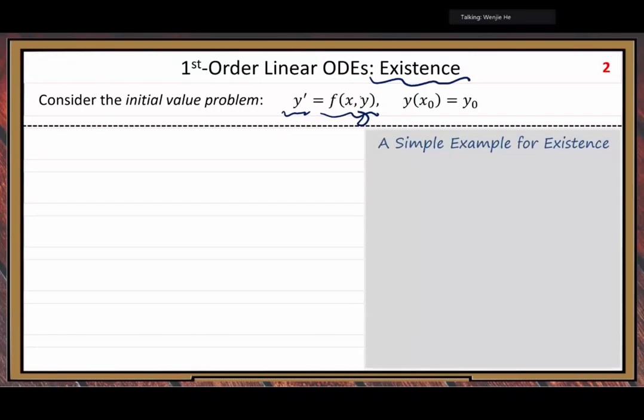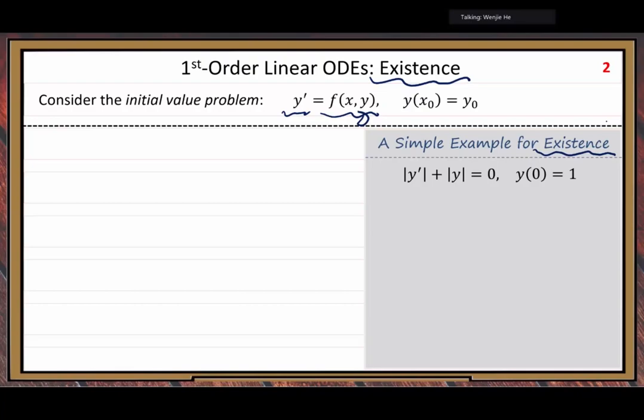Let's look at a simple example and try to understand this problem. The first equation is very special. The point of this simple example is that the existence problem should be considered. You cannot ignore the existence problem, because sometimes the solution does not exist.